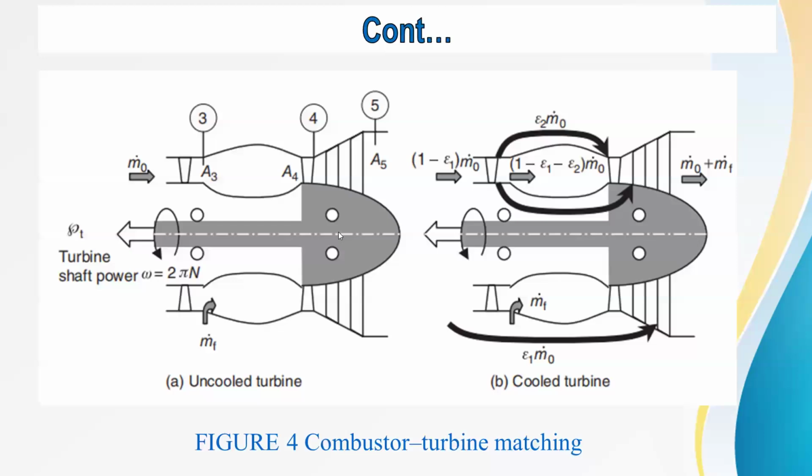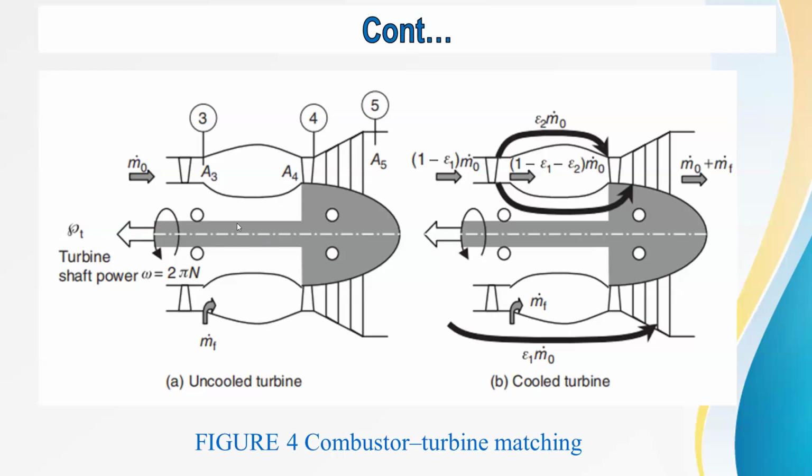So we can see this figure, combustor turbine matching. This section is the combustor section, and this section is the turbine section. Here we have the uncooled turbine and the cooled turbine condition. The first figure represents the uncooled turbine. There is shaft power QT, the turbine power, from the rotation of the turbine, which produces shaft power.